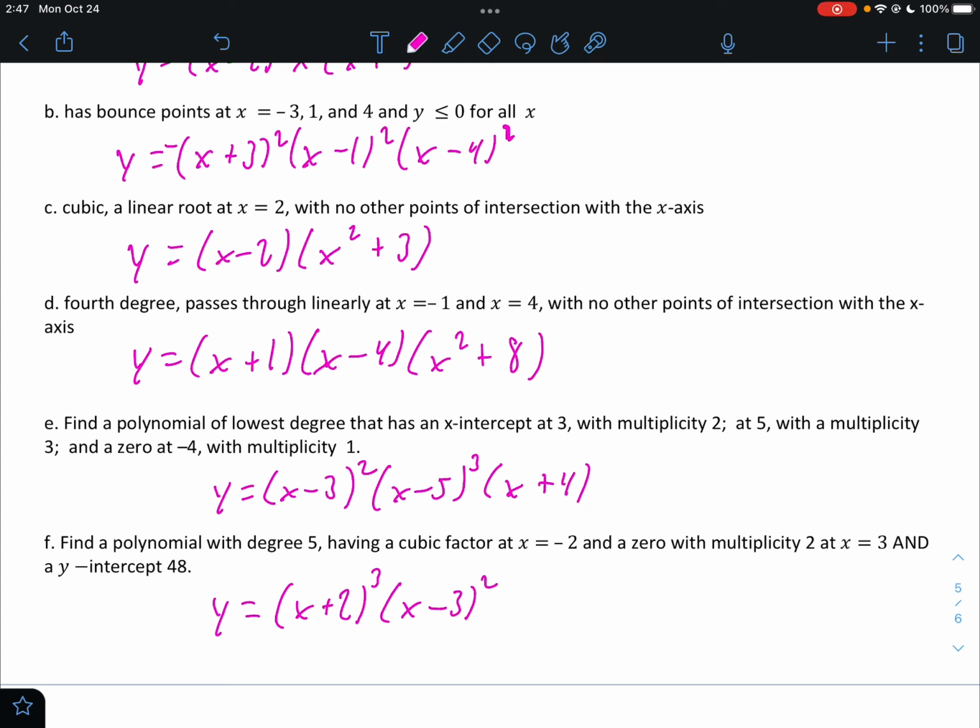So right now, our y-intercept would be 0,72. We want it to be 0,48. So we have to multiply this by something. And we're going to multiply it by 48 over 72, which needs to be reduced, obviously, to 2/3.